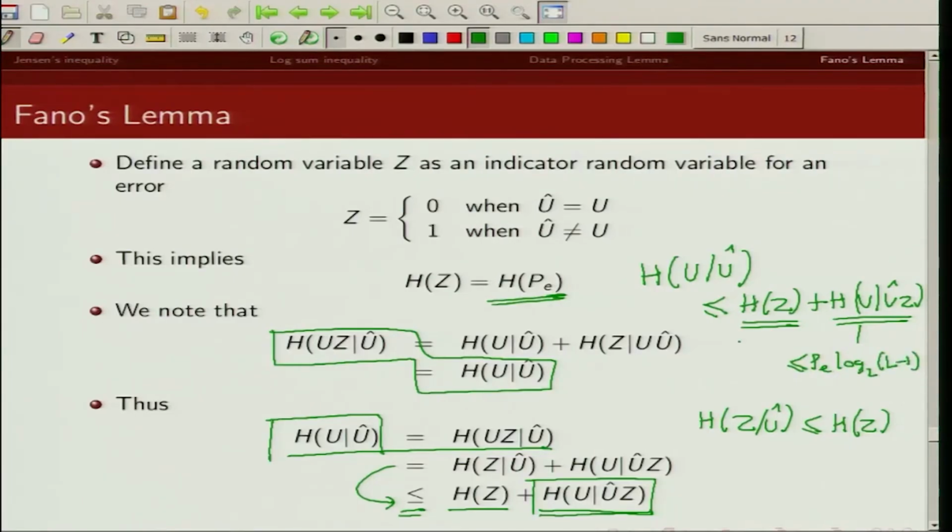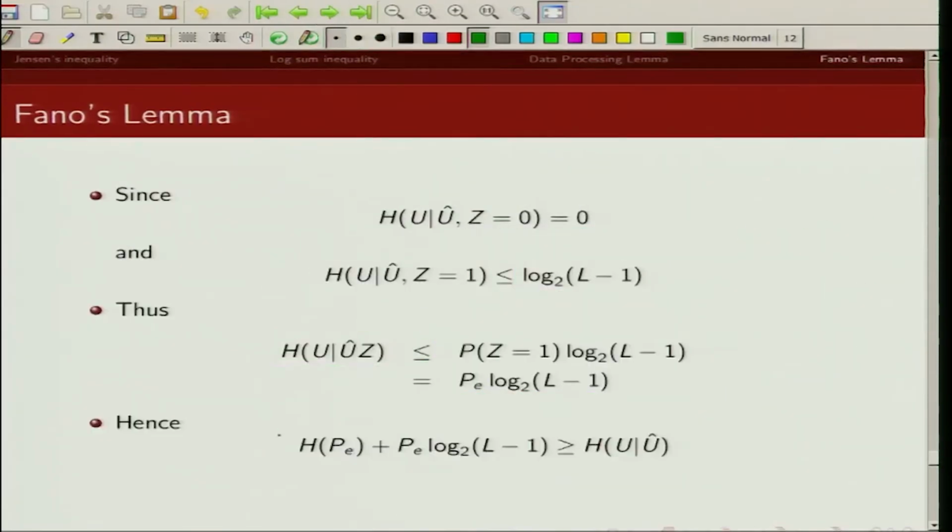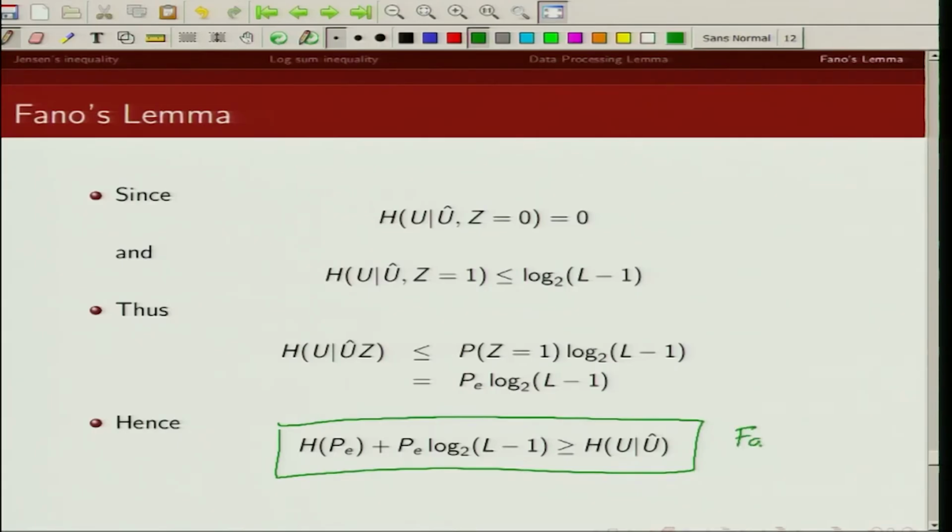So if we plug these values in, we get our Fano's lemma, which is this. Note this is a convex function of p, this is a linear function of p, so it is the sum of a convex function of p and a linear function. So this is what is our Fano's lemma.